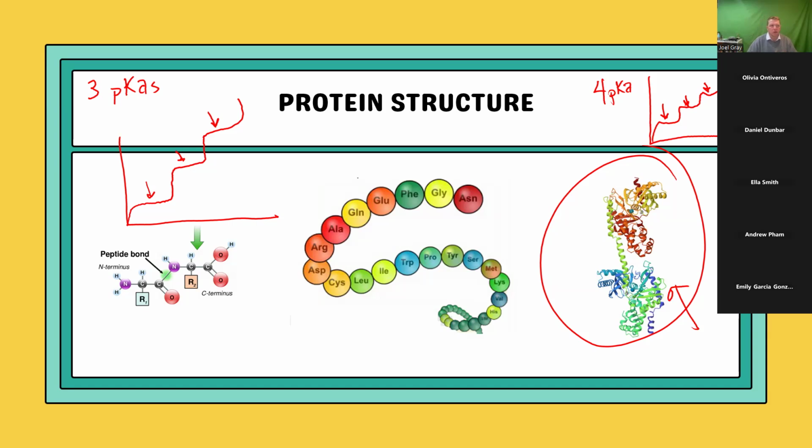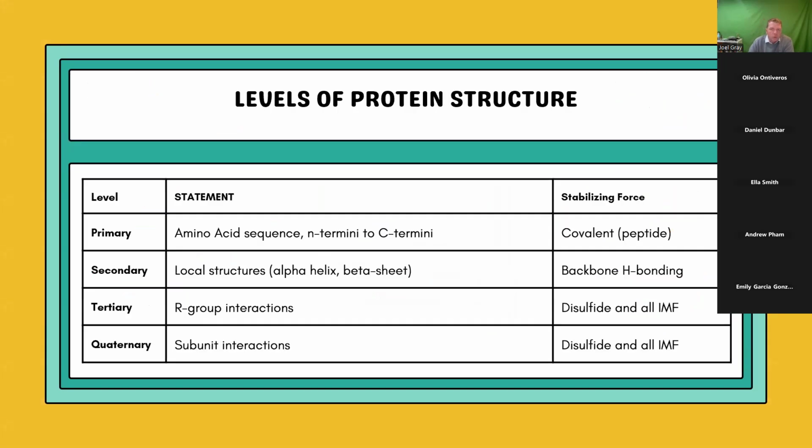Absolutely, because it has amino acids, and the sequence of those amino acids is important. Now, our levels of protein structure range from primary, secondary, tertiary, and quaternary structure. What's important to know about these different levels is what are the forces that hold them together? We've already talked about covalent bonding.